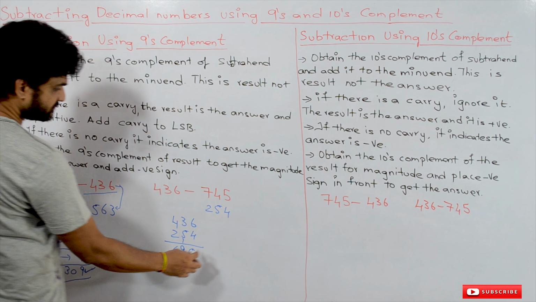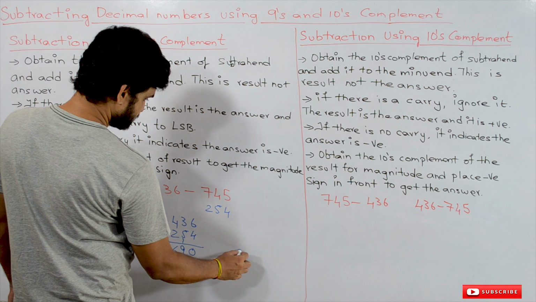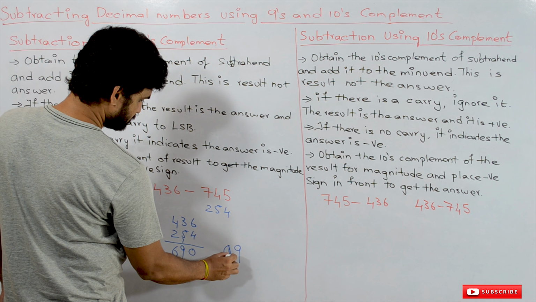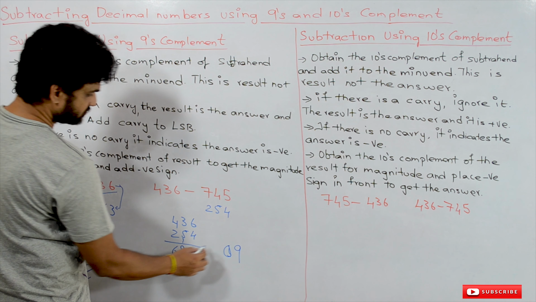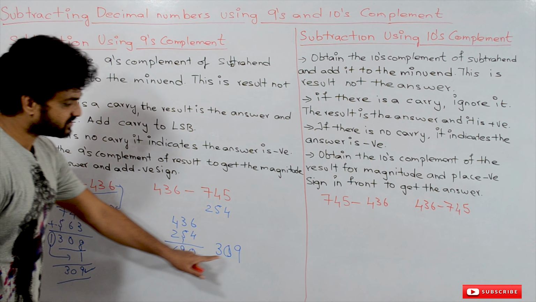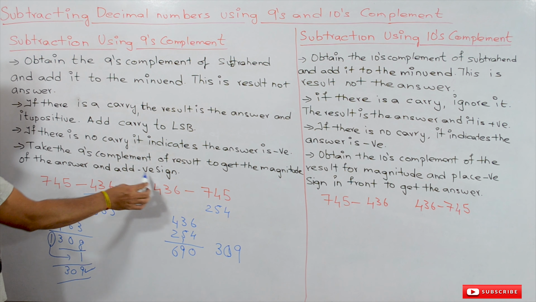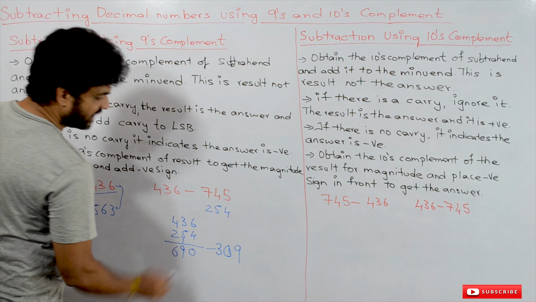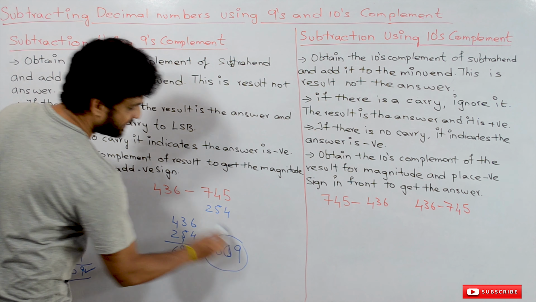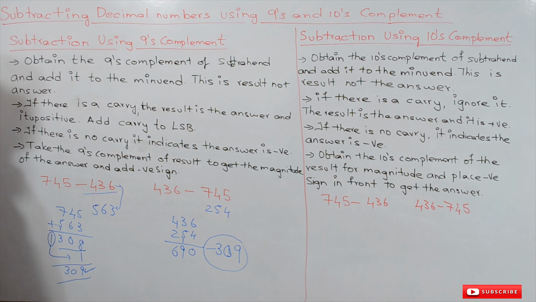It is 309, and we add a negative sign. So the final answer is going to be minus 309.